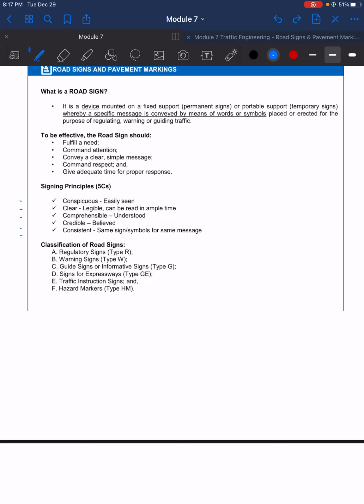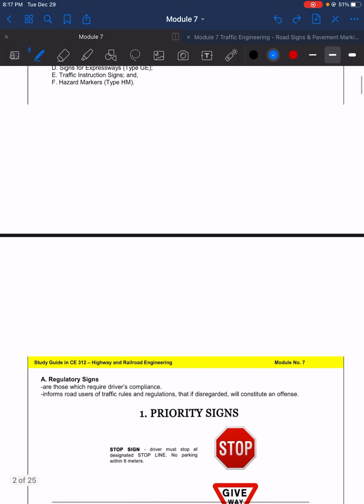The second one is warning signs, the type W. Third, guide signs or informative signs, the type G. Signs for expressways, type GE. Traffic instruction signs and hazard markers, or type HM.